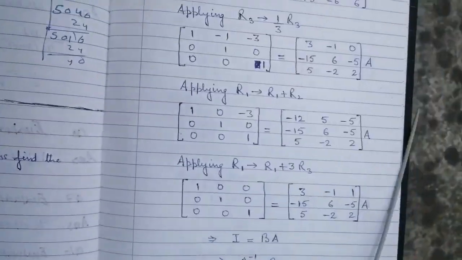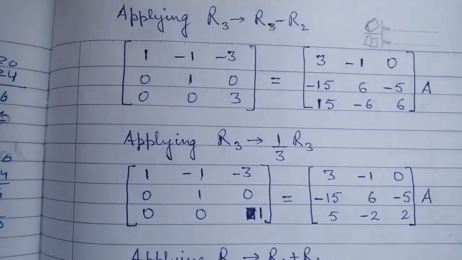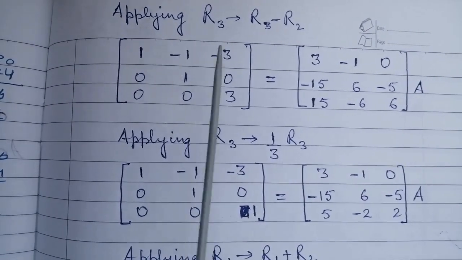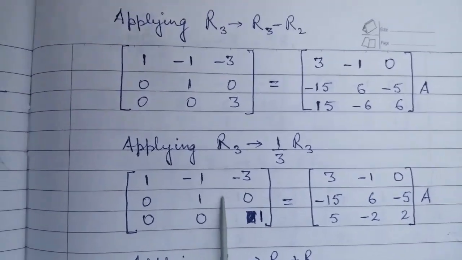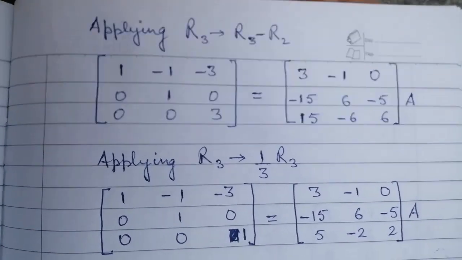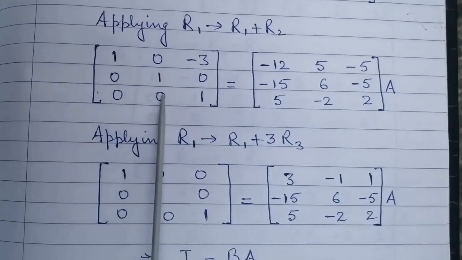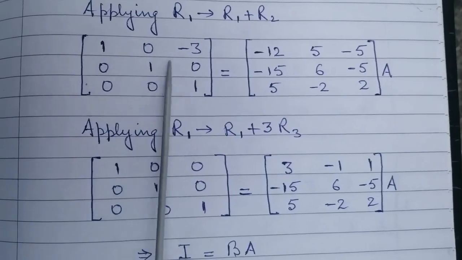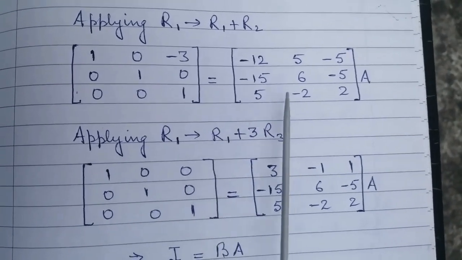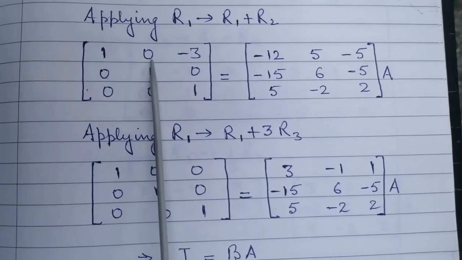Now we have divided this by 3. Fine. So we have got the matrix 1 0 minus 3, 0 1 0, 0 0 1, and same on this side. Okay, now we have made the 0.